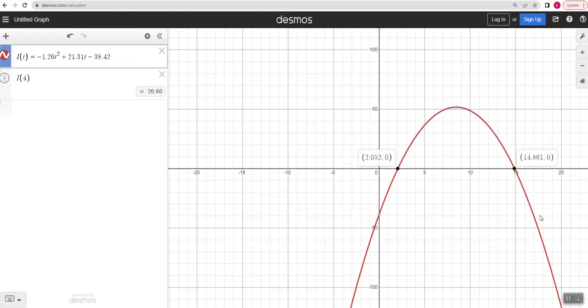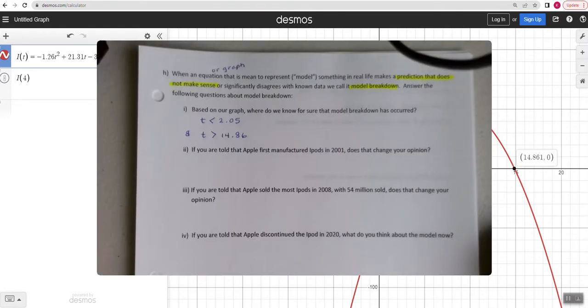So I'm going to jot this down and then we'll talk about it. When t is less than 2.05 and when t is greater than 14.86. Those two situations give us model breakdown.